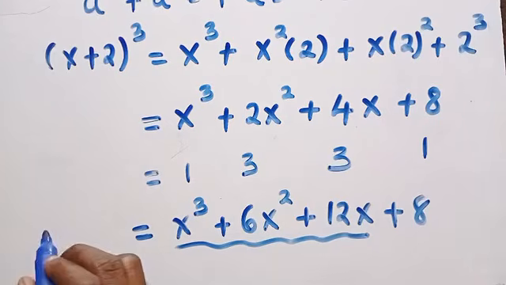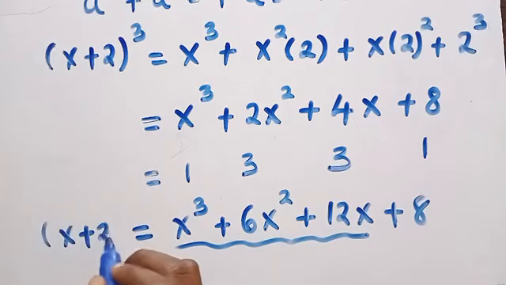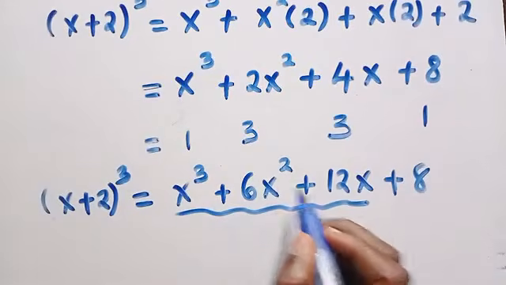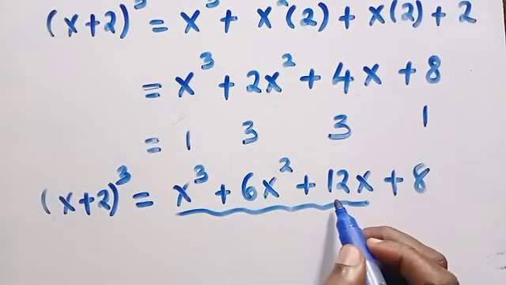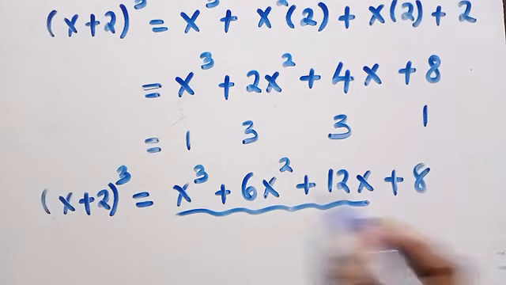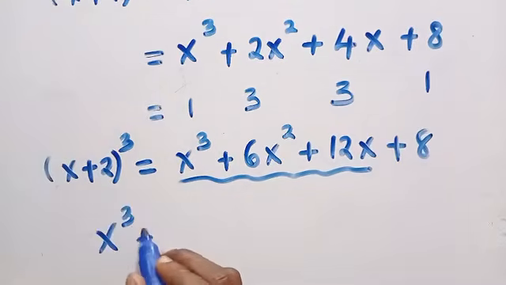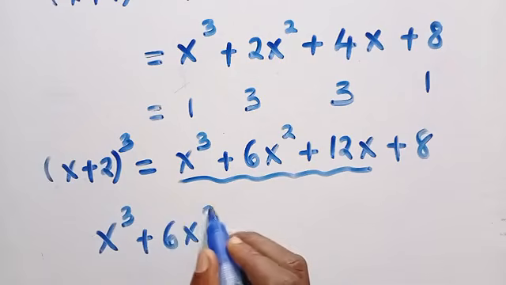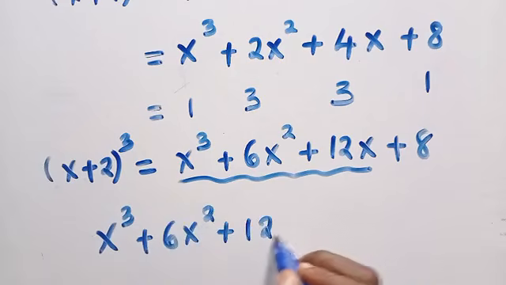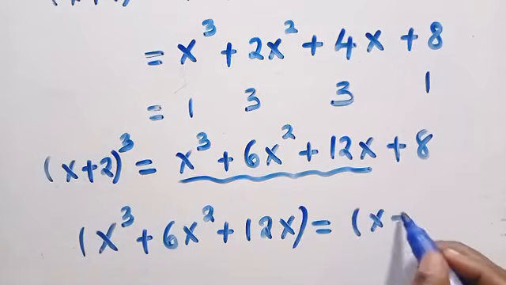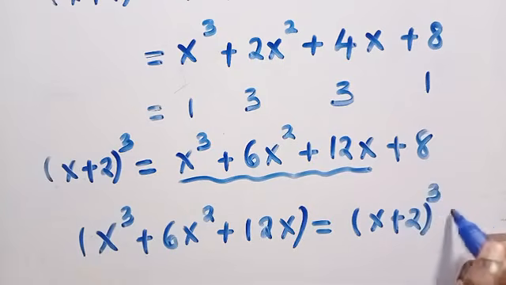Therefore, if everything is now x plus 2 raised to the power of 3, by making x cubed plus 6x squared plus 12x only, we are going to transfer this 8 to this side, as we have x to the power of 3 plus 6x squared plus 12x equals x plus 2 raised to the power 3, then minus 8.